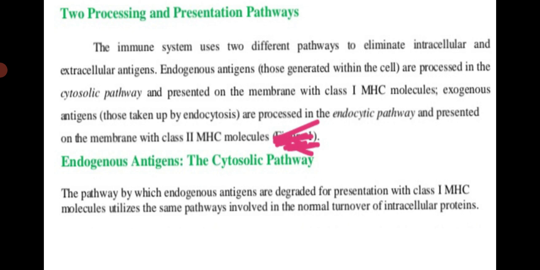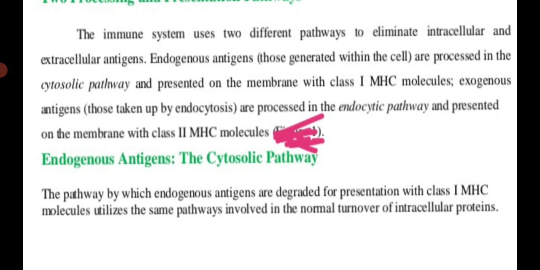The immune system uses two different pathways to eliminate intracellular and extracellular antigens. The endogenous antigens are those generated within a cell, for example, the antigen present in a tumor cell or in a virus infected cell. These cells show the presence of endogenous antigen, and these are processed in the cytosolic pathway and presented on the membrane with a class I molecule.